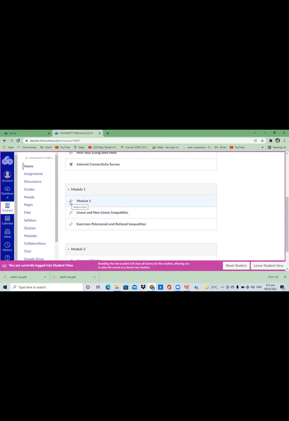This icon, like a paperclip, means it's a PDF file.